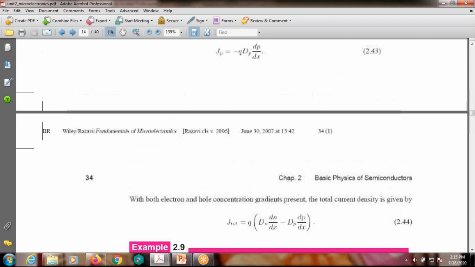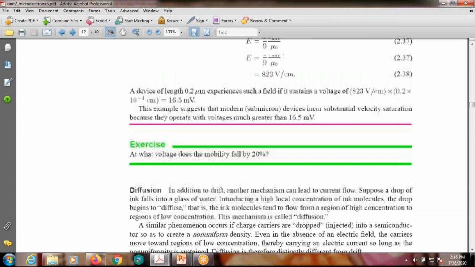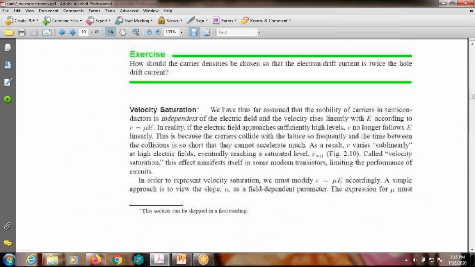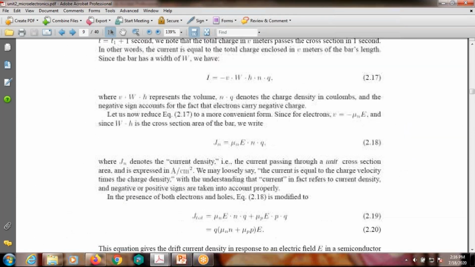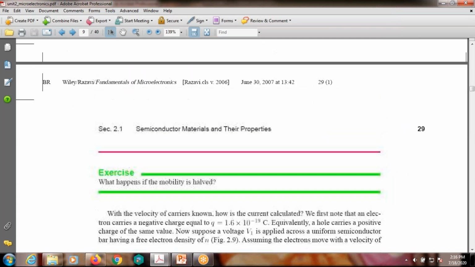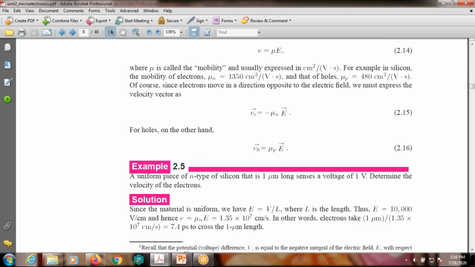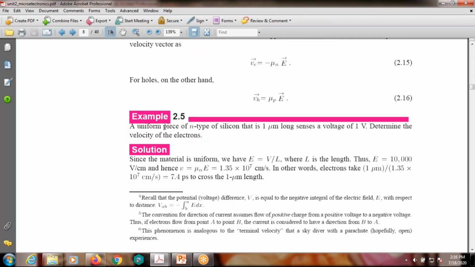And there is one small problem on drift. Given a uniform piece of n-type silicon that is 1 micrometer long, which senses a voltage of 1 volt, determine the velocity of the electrons.